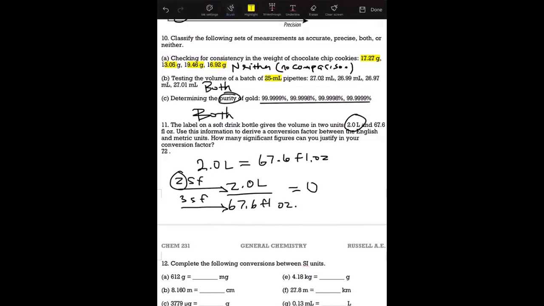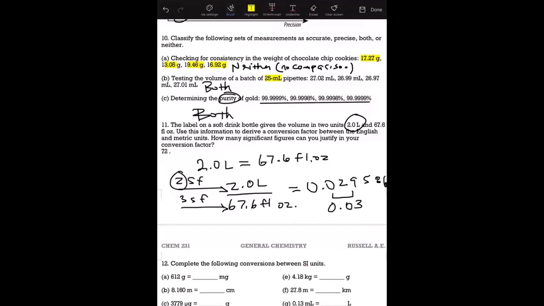0.029586. You said 0.029586? Yes. And we got to get that to 2 sig figs. Right. So this is where we'll start. First of all, we can round that up to 0.03.